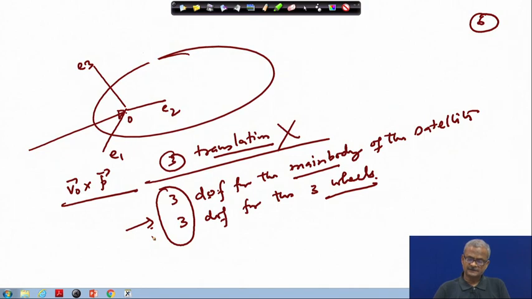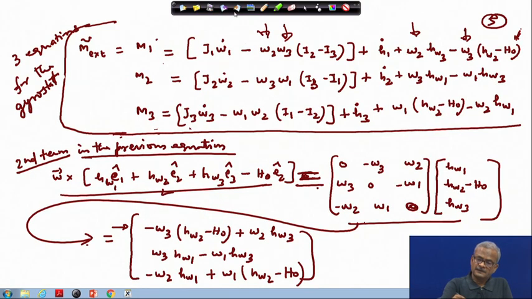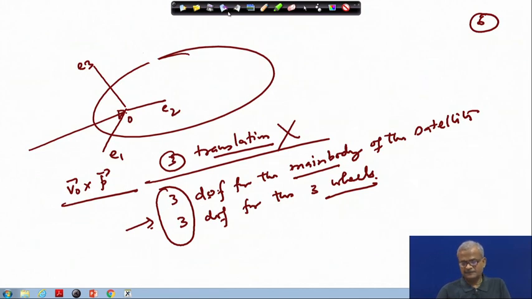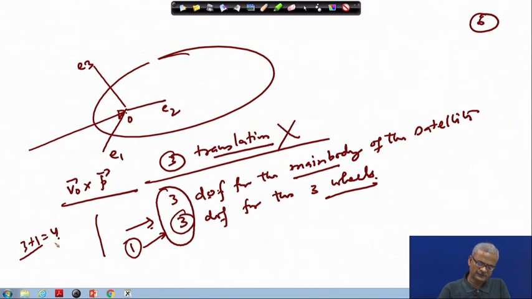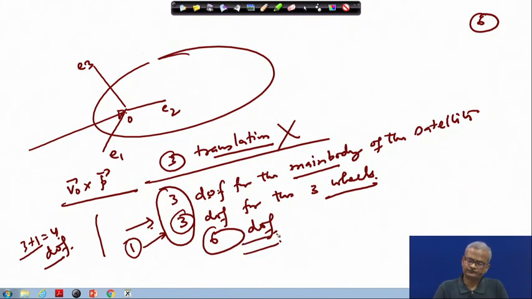Here in this case, if this gyrostat has only one wheel, then this 3 will be replaced by 1, meaning it becomes 3 plus 1, a total of 4 degrees of freedom system, but currently this is a 6 degrees of freedom system. Okay.